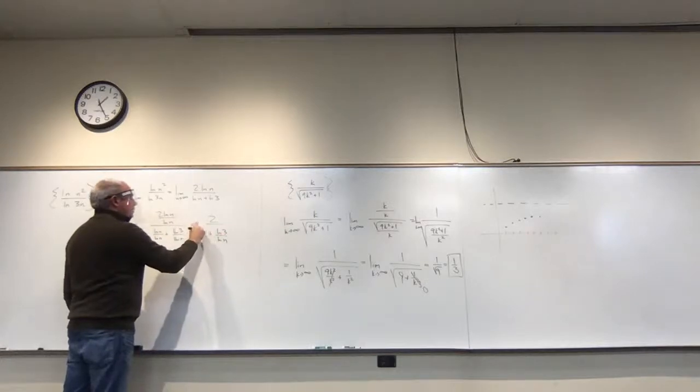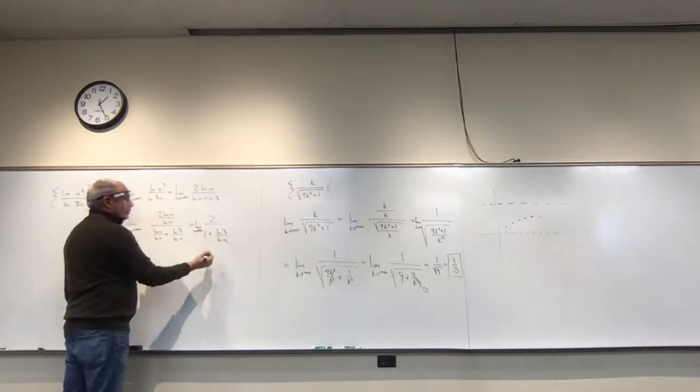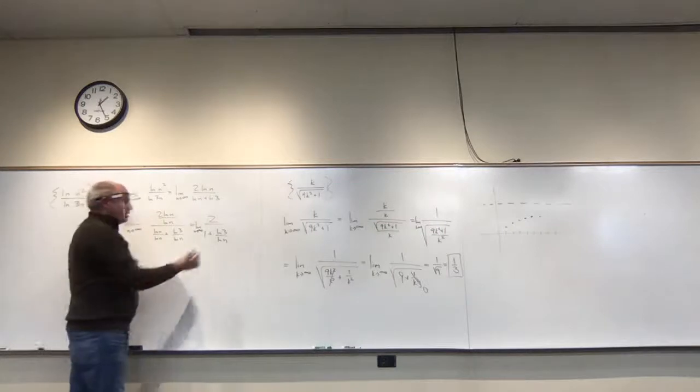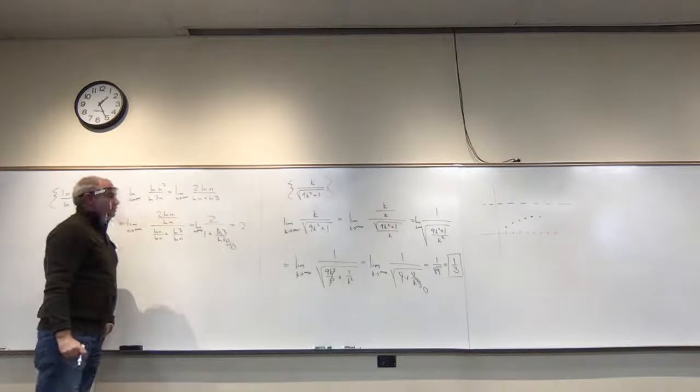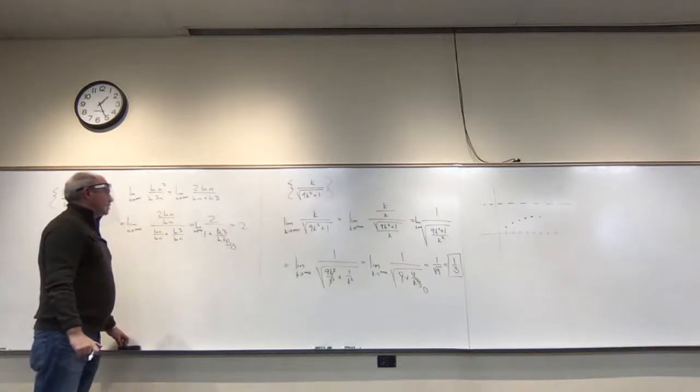We're still taking the limit as n goes to infinity, and of course ln of infinity is infinity, so this thing goes to 0, and I get, whoa, did I just get 2?